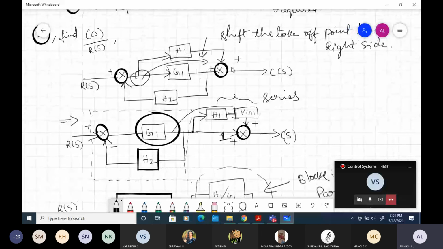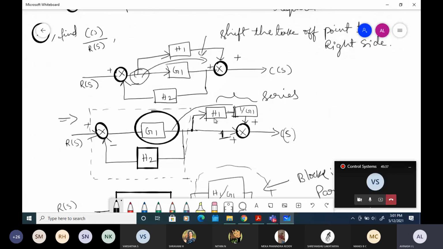I will briefly go over the numerical once again. You see that this is the numerical they have given. Once it is given, we need to see whether two blocks are in series. There are no blocks in series, no blocks in parallel, and no blocks which contribute to a feedback loop.